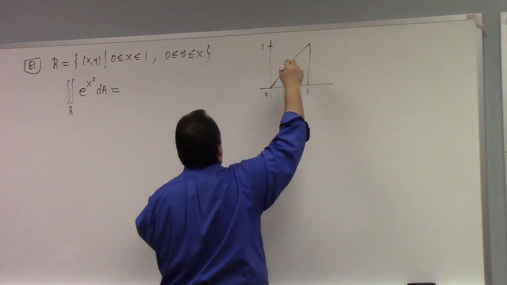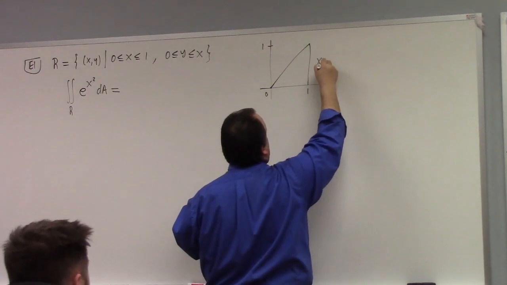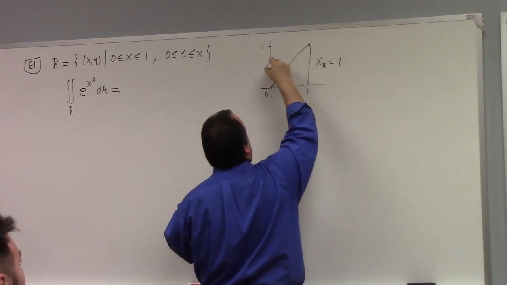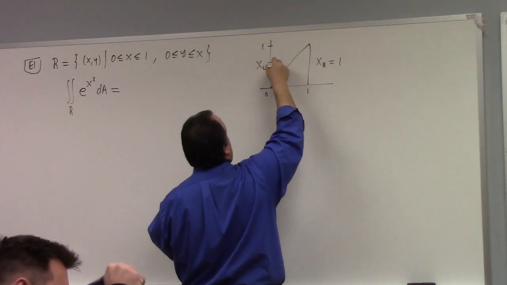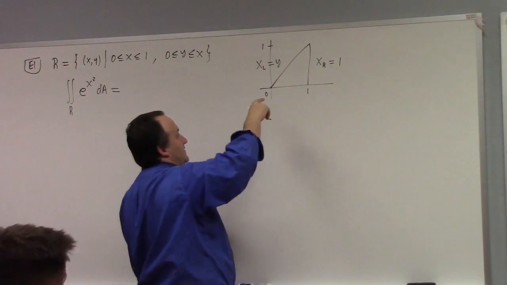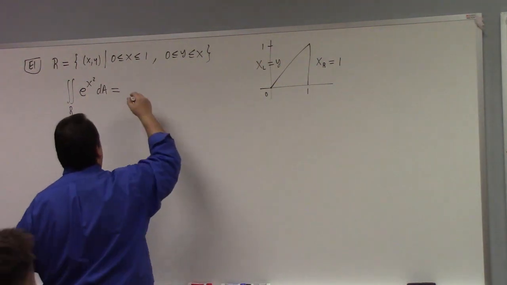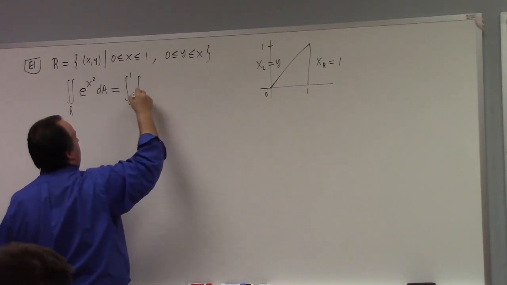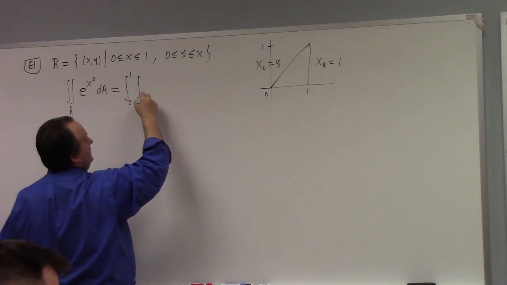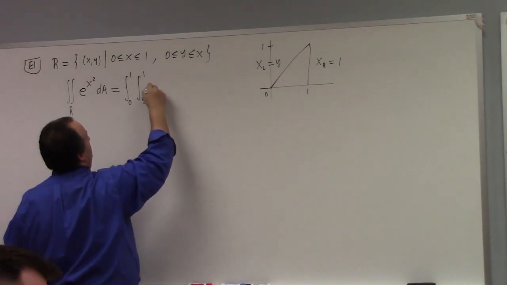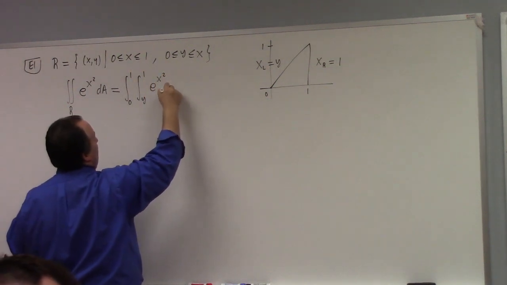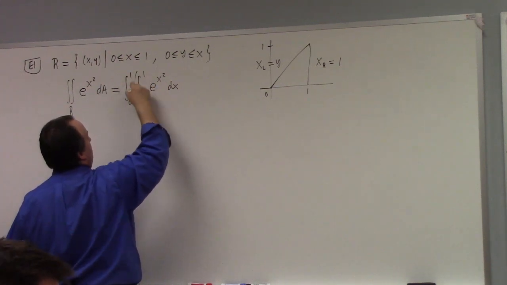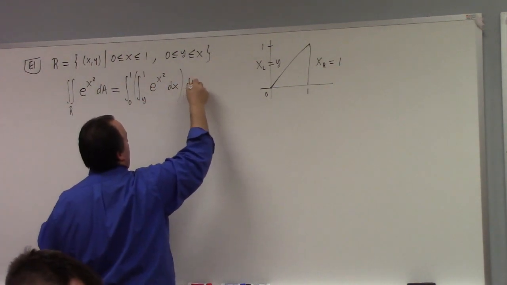So if I set it up for the x bounds first, my right x is equal to 1, my left x is actually equal to y, because this is y equals x. So if I do my y bound second, I'd have the integral from 0 to 1, integral from y to 1 of e to the x squared. I did my x first, dx dy. Right.